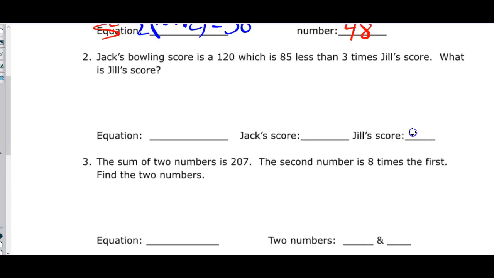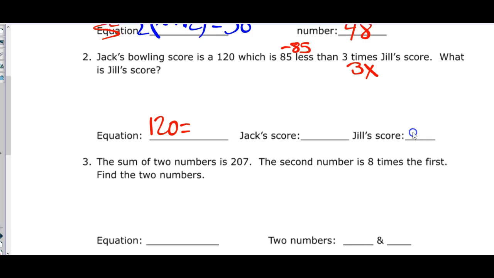Jack's bowling score is a 120, which is 85 less than 3 times Jill's score. What is Jill's score? So, Jack had a 120. That is equal to 85 less than, which means I'm going to be subtracting 85, 85 less than 3 times x.